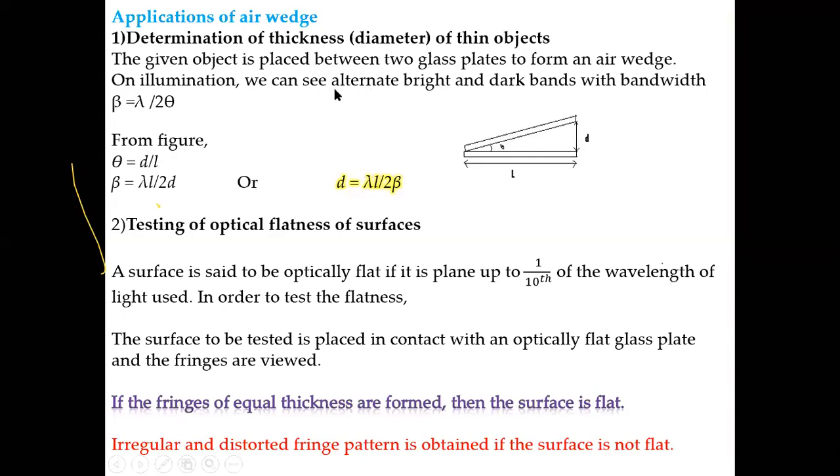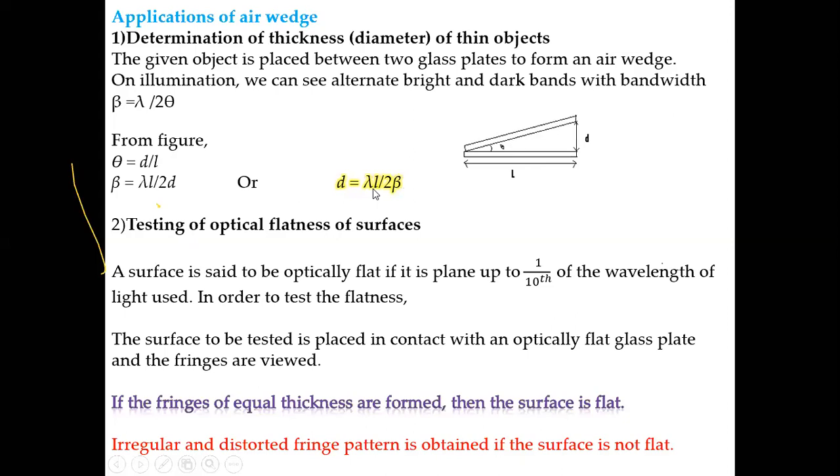The object is placed between two glass plates so that it forms a very small angle. Let the air film formed be L such that we get beta equals lambda by 2 theta. Theta becomes D by L, opposite by adjacent, and therefore thickness D equals lambda L by 2 beta, provided beta is known.